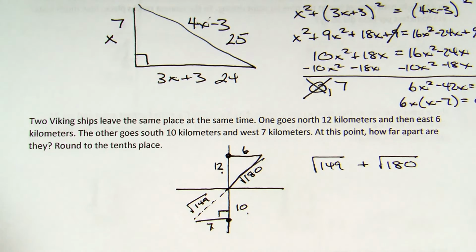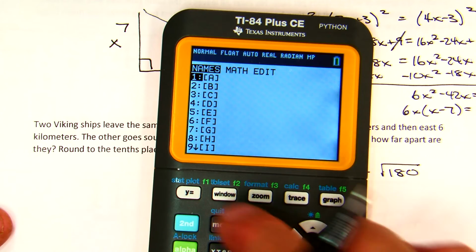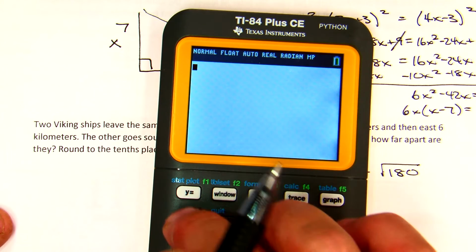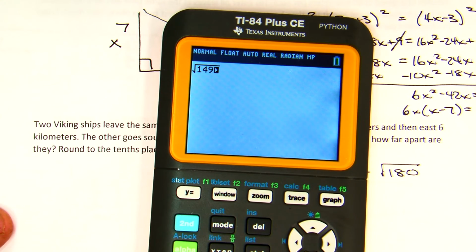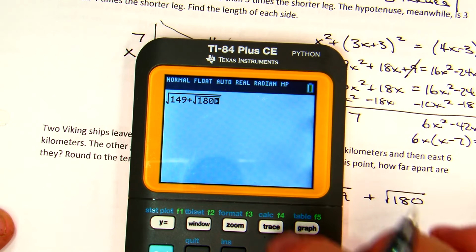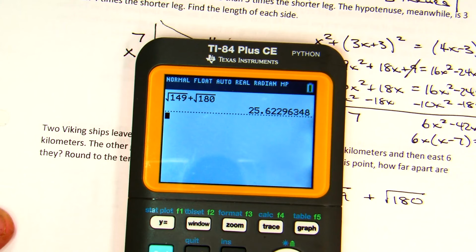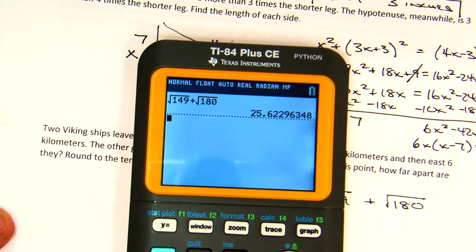I go to my calculator, I do the square root of 149 plus the square root of 180, and I get 25.6.